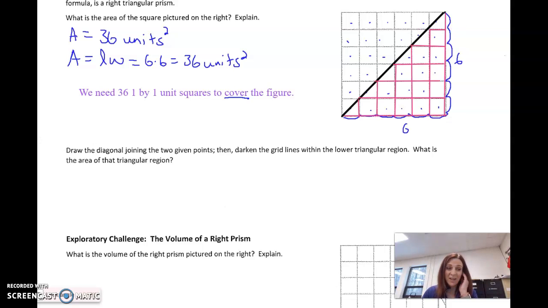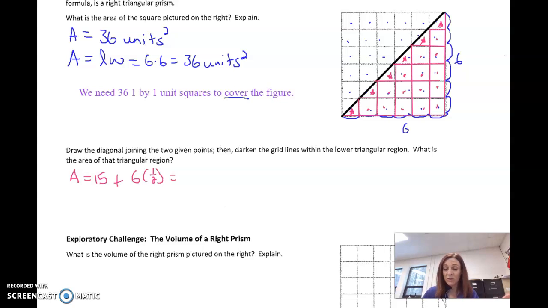If we wanted to find the area of a triangle, I'm going to count these up. 1, 2, 3, up to 15 full squares, but then I have these half squares. 1, 2, 3, 4, 5, 6 half squares.